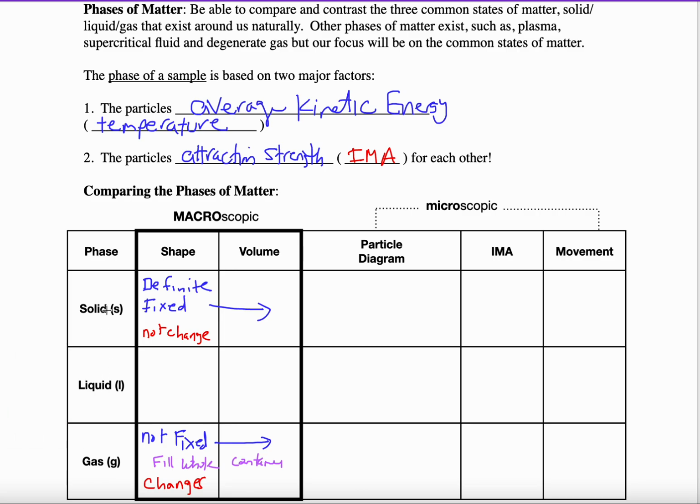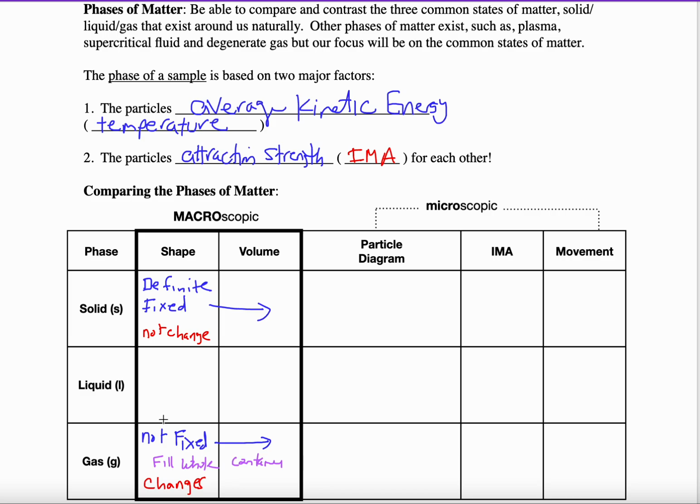Now liquid is the phase that is the connector between solid and gas. So that means that the liquid needs to have one of these characteristics in common with the solid, but then it has the other characteristic in common with a gas. So if you take a sample of liquid and you transfer it from one container to another container, the liquid will adapt its shape to the container.